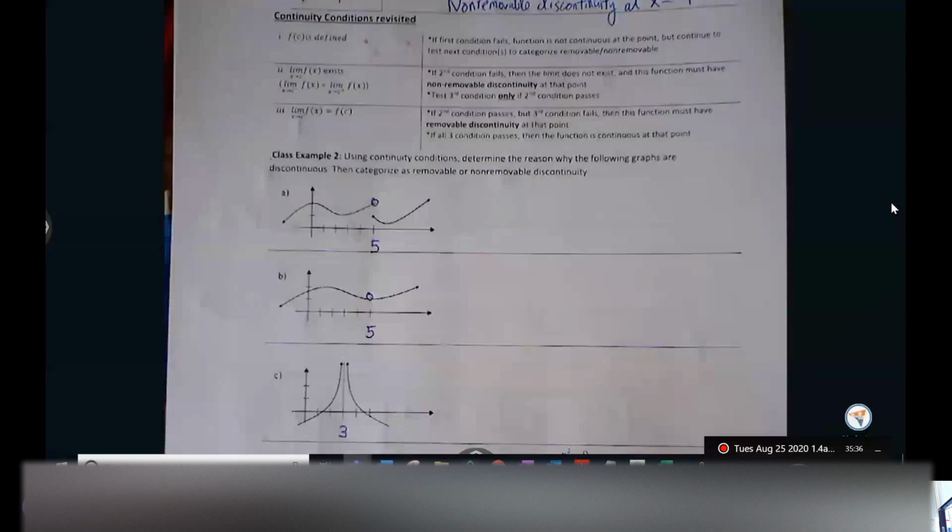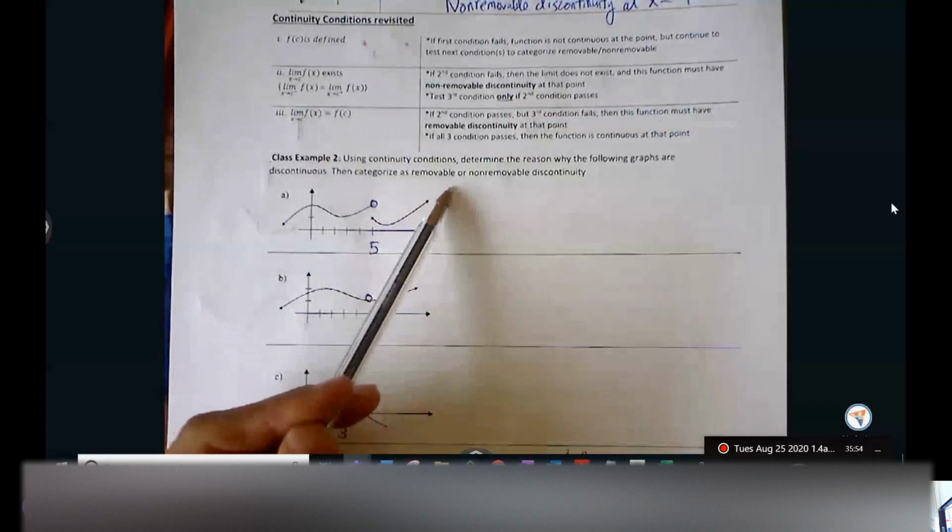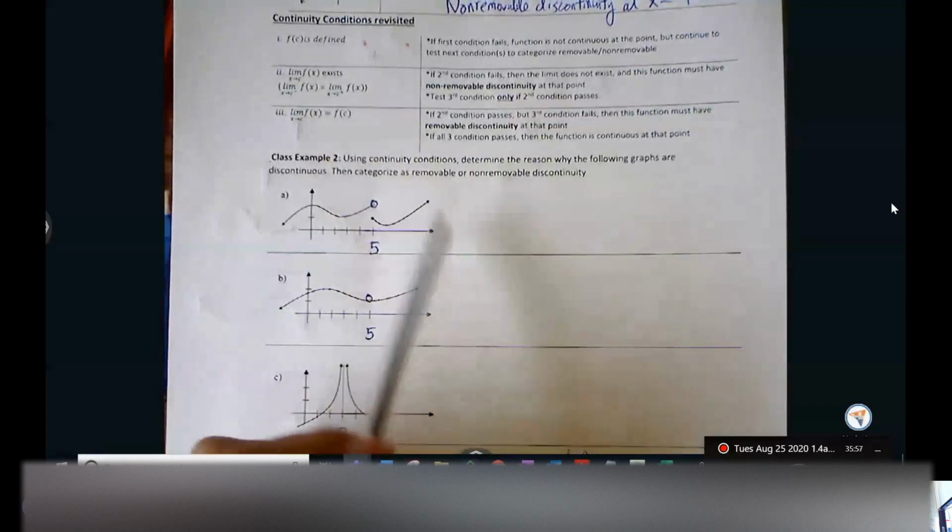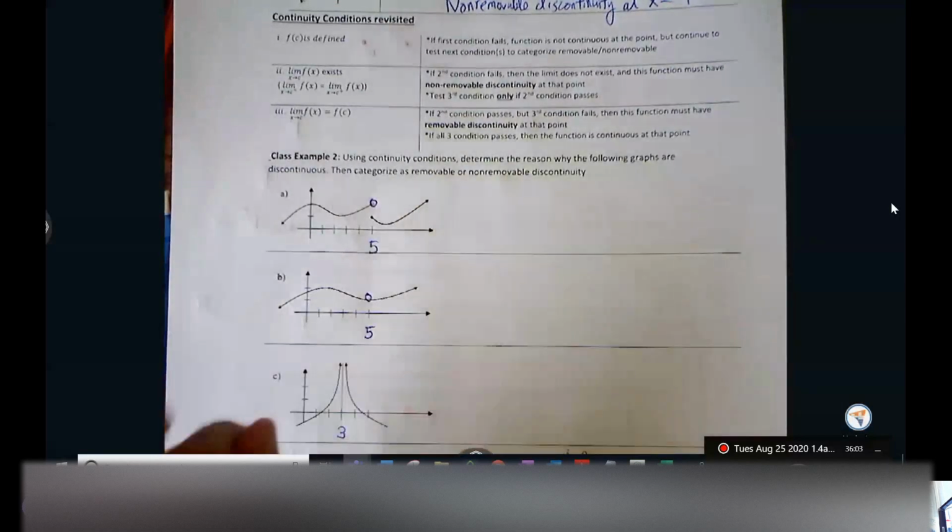Right now it may seem a little redundant to go through all these steps when we can obviously tell what's going on. But right now we're just practicing the notations, practicing writing things out, and getting comfortable with each of the conditions. Once we're comfortable with this, we'll move on to problems where you're just given a function notation and you don't have the graph in front of you to guide you.